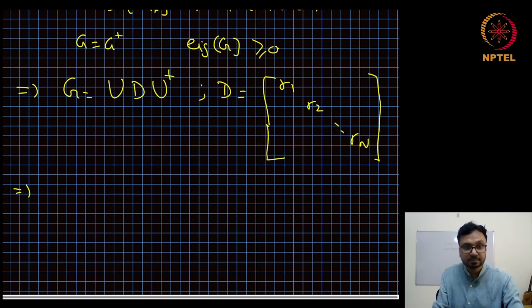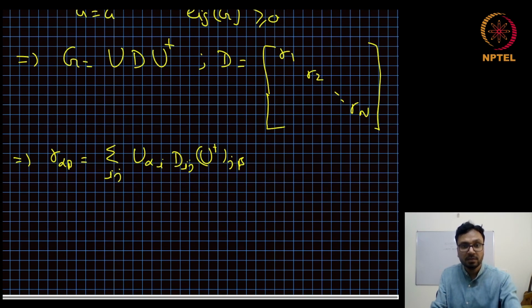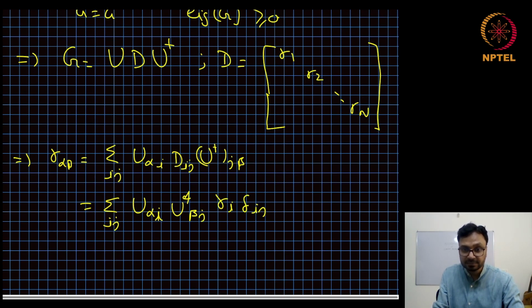It means gamma alpha beta can be written as the sum over i and j of U alpha i D ij U dagger j beta. This is equal to the sum over ij of U alpha i U star beta j D ij, where D ij is gamma i delta ij.